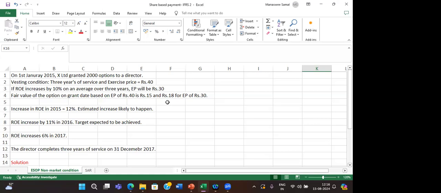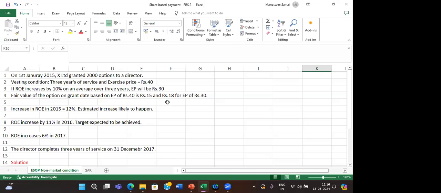No way. Because you can't abandon grant date accounting. Okay? So once you understand that, I think the discussion would be a bit simple as usual. That is rupees 15 or rupees 18, both these fair values are on grant, because if the exercise price changes, the fair value of the option will also change.